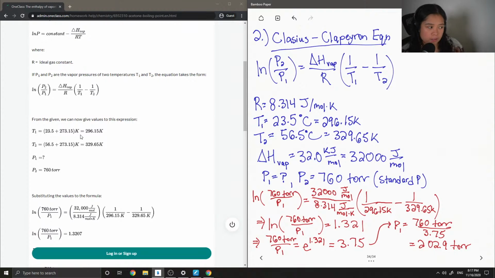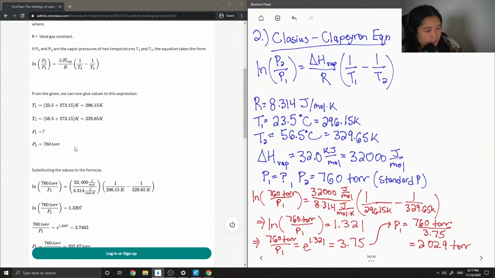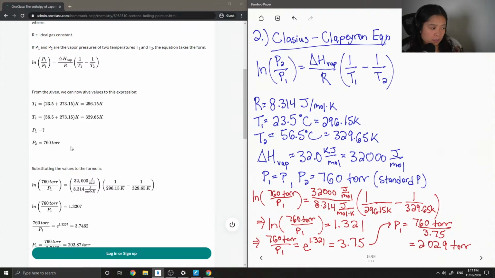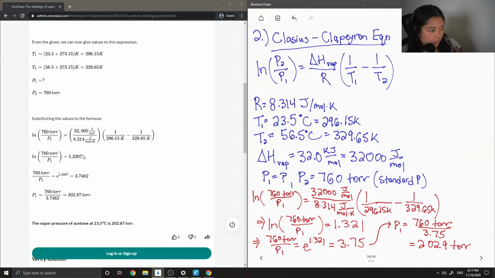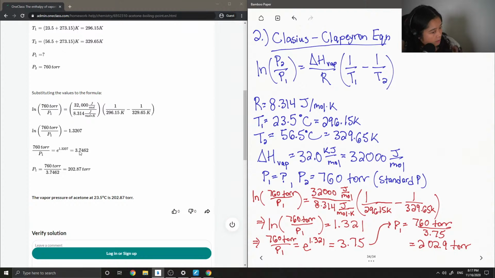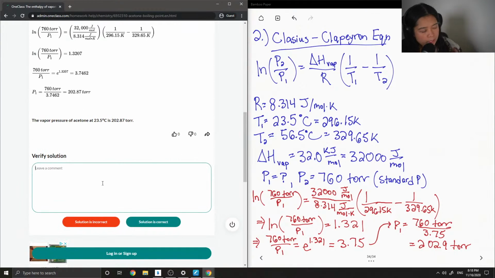They also show the conversion to Kelvin for our temperatures, and P2 would be standard pressure, 760 torr. Substituting the values into the formula, they did the same approach and ended up getting 202.87 torr. Okay, so the solution is correct.